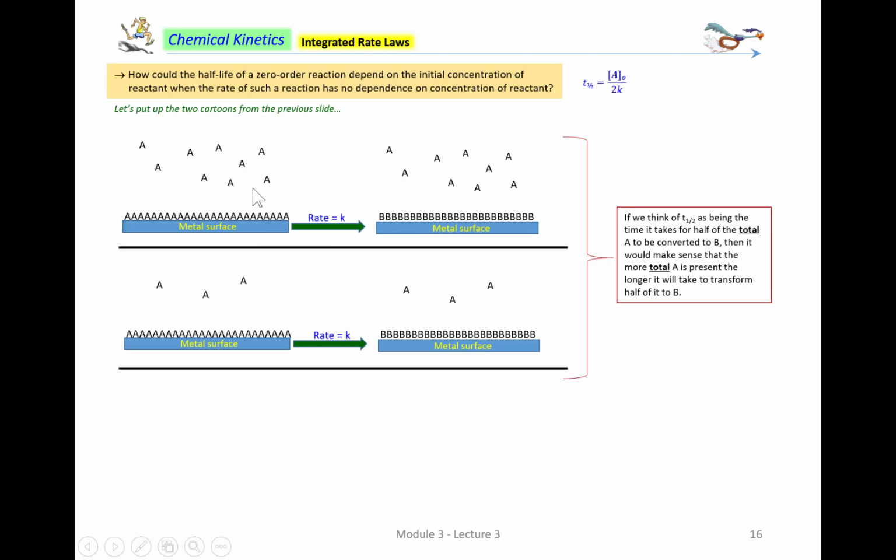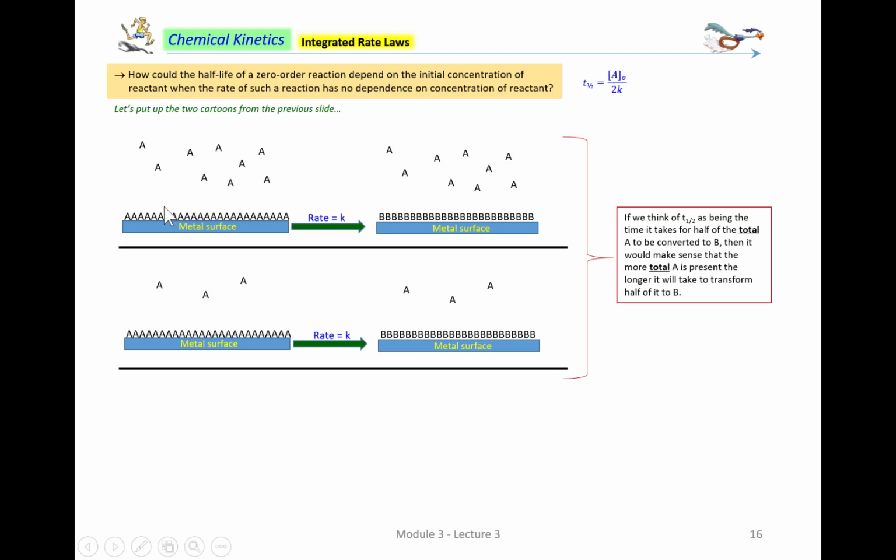So as soon as these A's are turned to B's and the B's leave the metal surface and more A come on the metal surface, what you're measuring is the time it takes to get rid of all of the total A. So the actual rate is independent of how much A is there, but the time it takes for all of the A to disappear does depend on how much total A is present.